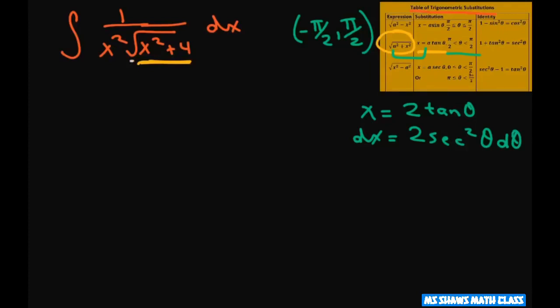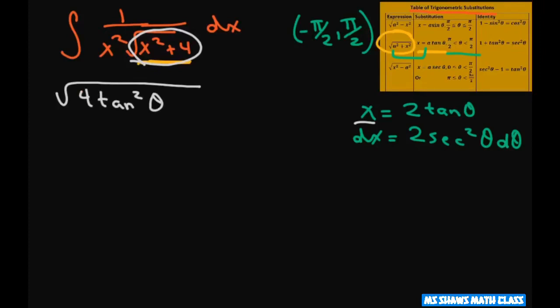Now, just dealing with this piece here, let's substitute in our x. So we're going to get the square root of 4 tan squared theta plus 4, which equals the square root of 4 times tan squared theta plus 1.